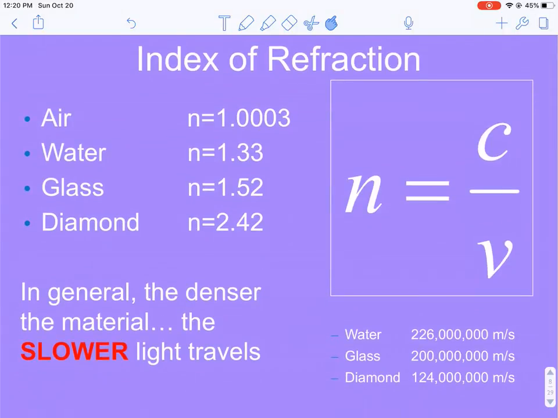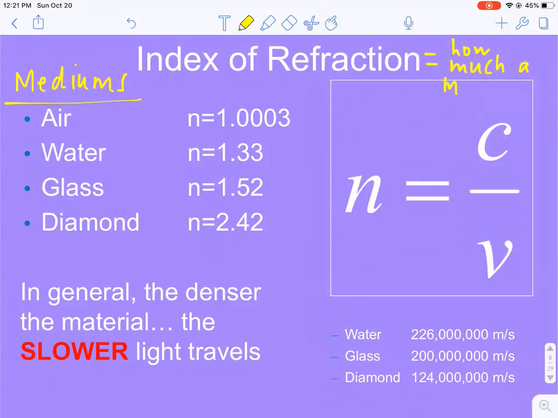So how do we measure and talk about refraction besides angles? All mediums have a measurement that is a constant that is known, called an index of refraction. It is how much a medium slows down light.